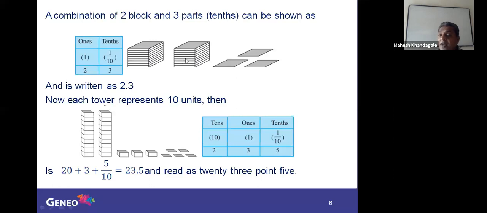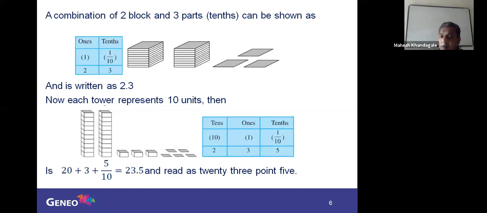So in all we are having 2 wholes, and wholes are in the ones place. So it is 2. And tenths, we have taken 3 such parts. So that is written as 2.3. Okay. So a decimal will always be written as a number having a decimal point in it. So the part towards the left is the whole part and the part towards the right of the decimal is the decimal part.